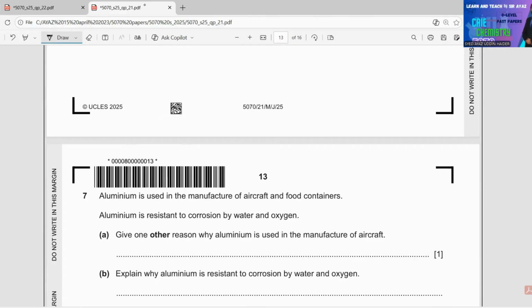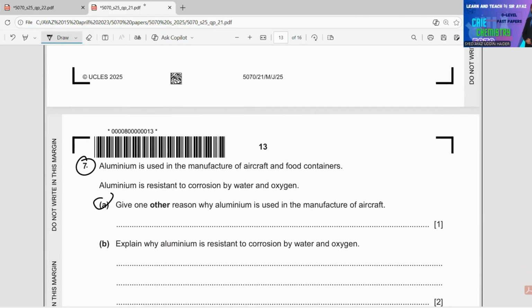Moving to next question, which is number 7. Aluminium is used in the manufacture of aircraft and food containers. Aluminium is resistant to corrosion by water and oxygen. A. Give one other reason why aluminium is used in the manufacture of aircraft. So you can write any one of these.